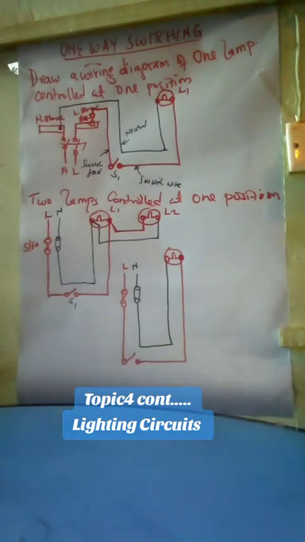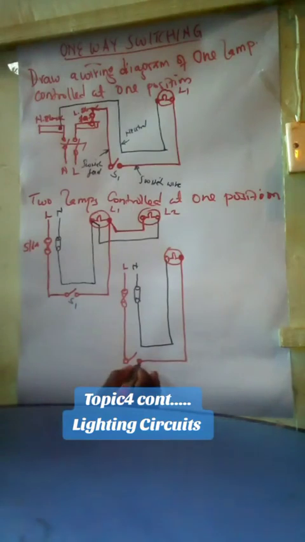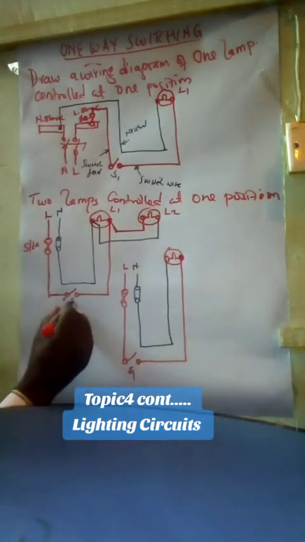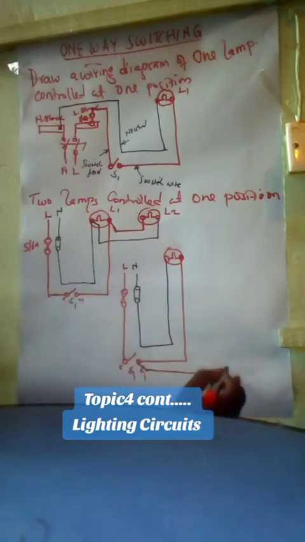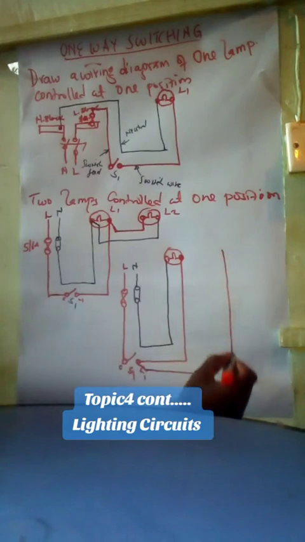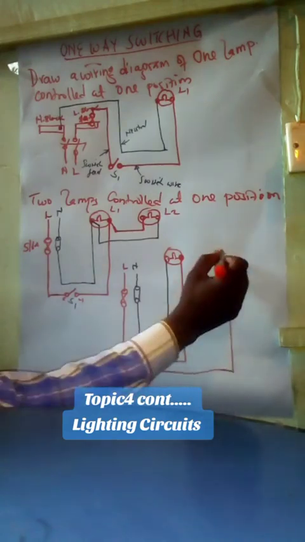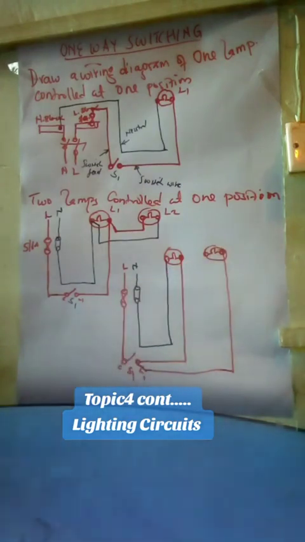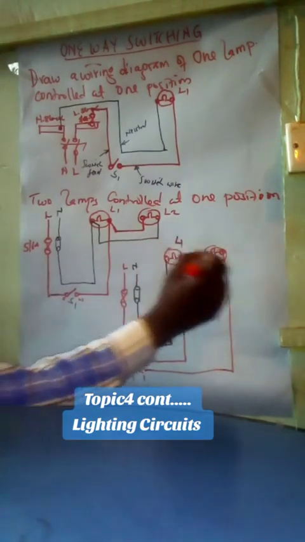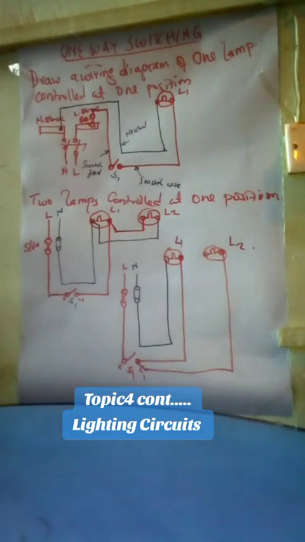Now for our second lamp, we can loop from the terminal. This is S1. Remember, this is common and this is L1. So common L1. We loop from here to go to our second lamp. So lamp 1, lamp 2.